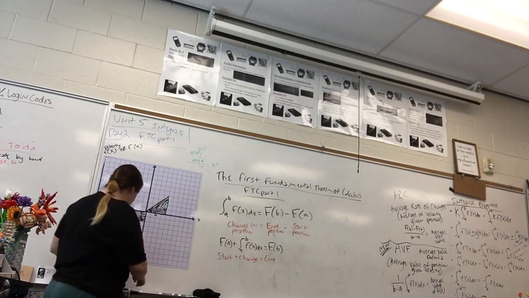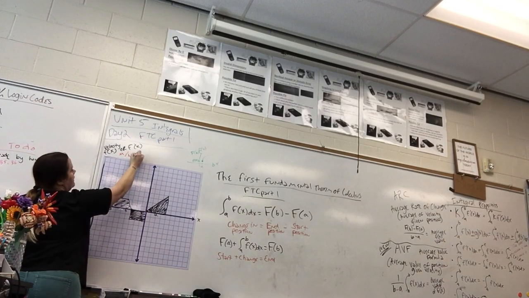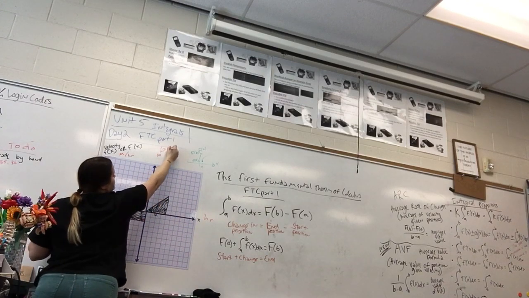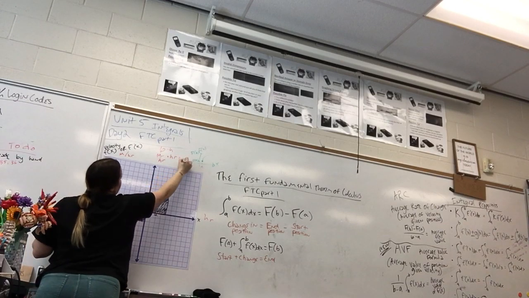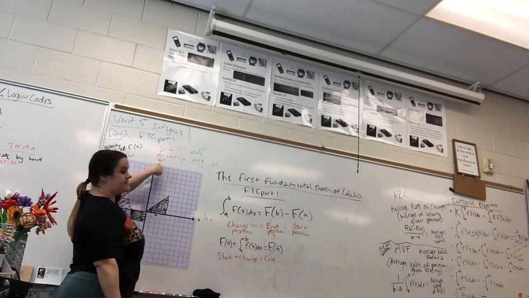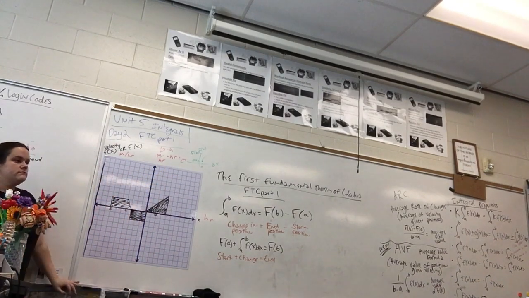Remember the area under velocity, this would be like miles per hour, and this would be like in hours. So when I find the area, which is base times height, miles per hour times hours, I get miles, I get position. The area under a velocity graph is position. Okay? We good?